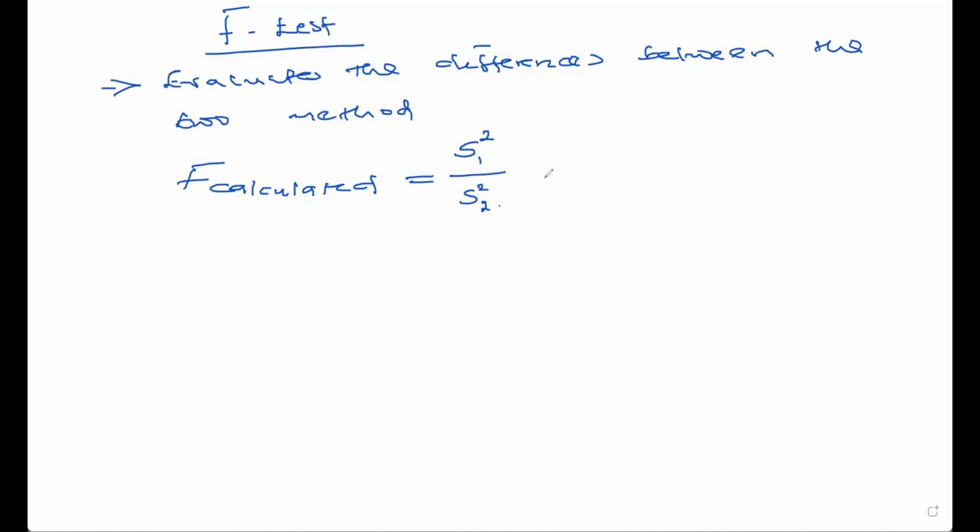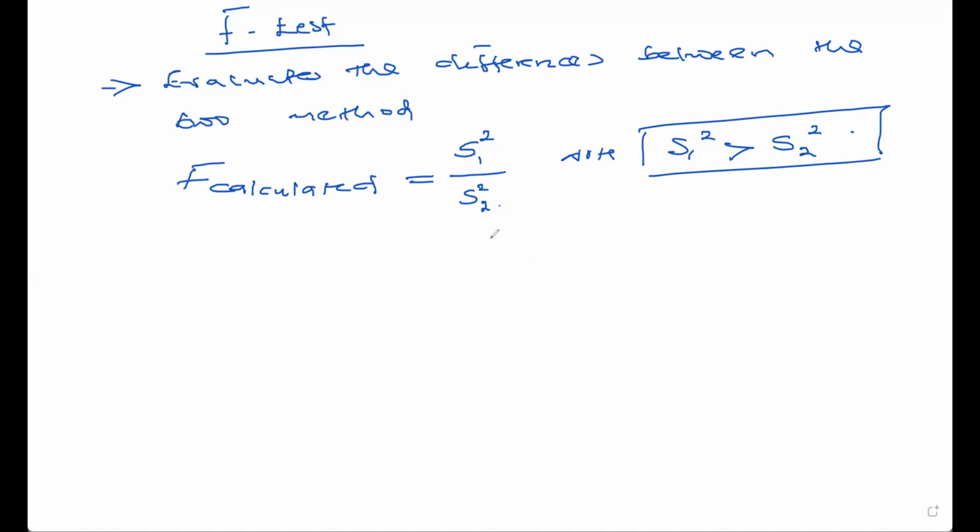The variance you put on top is the one which is greater than the second variance. You should always take note that the variance on top must always be greater than the variance you are putting on the bottom. That's the principle when you're calculating for F.